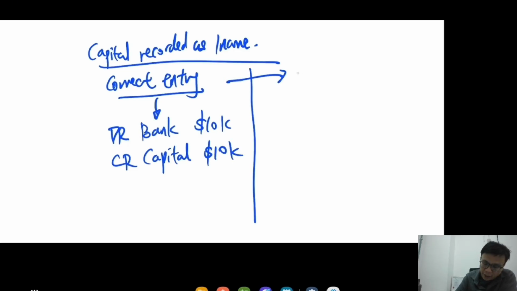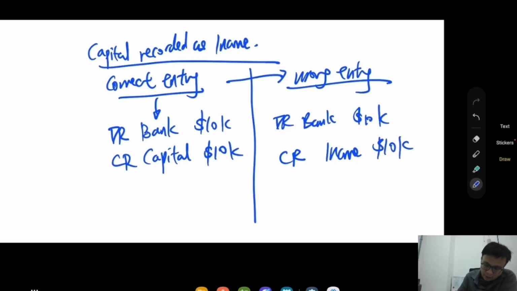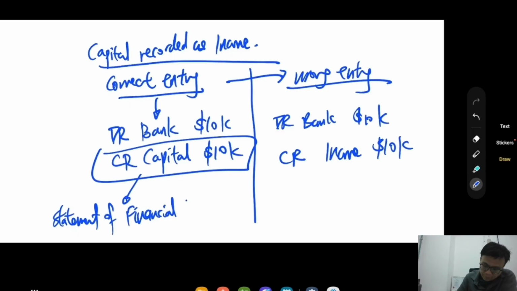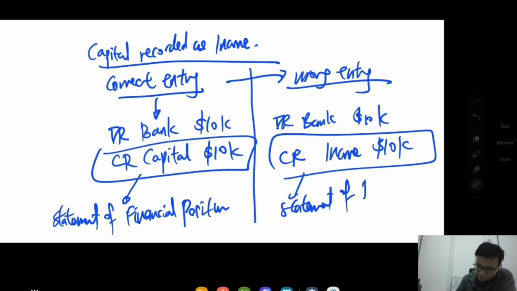But now the wrong entry is you credit income instead. Now this is under the statement of financial position. And this one is under your statement of financial performance.